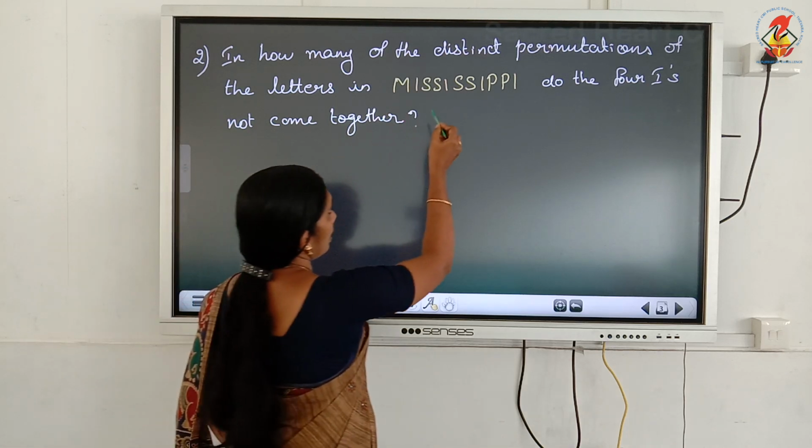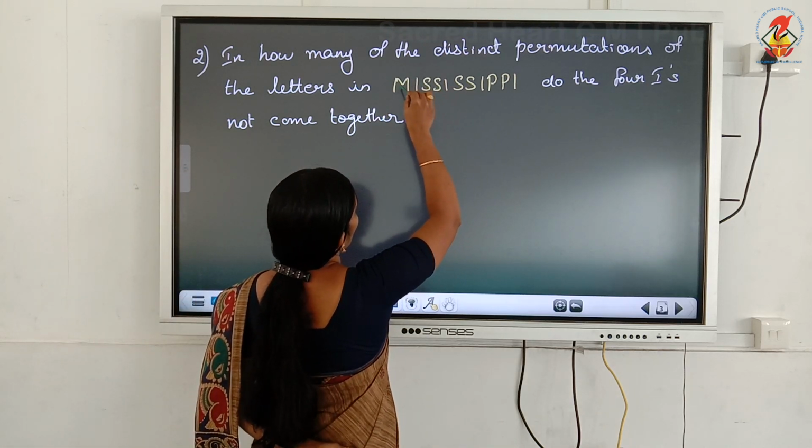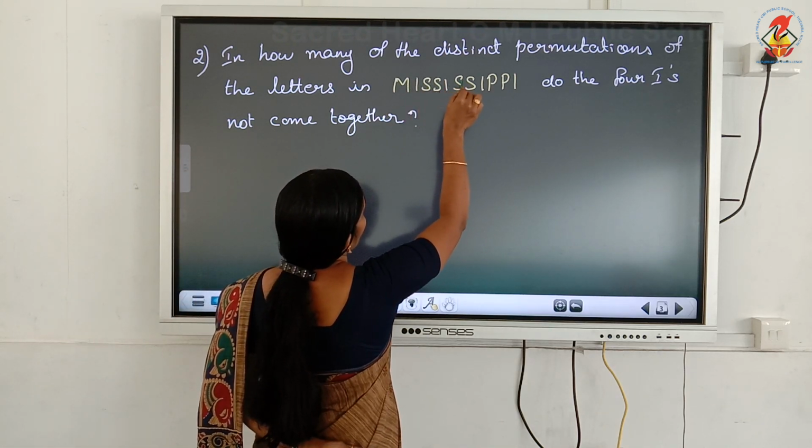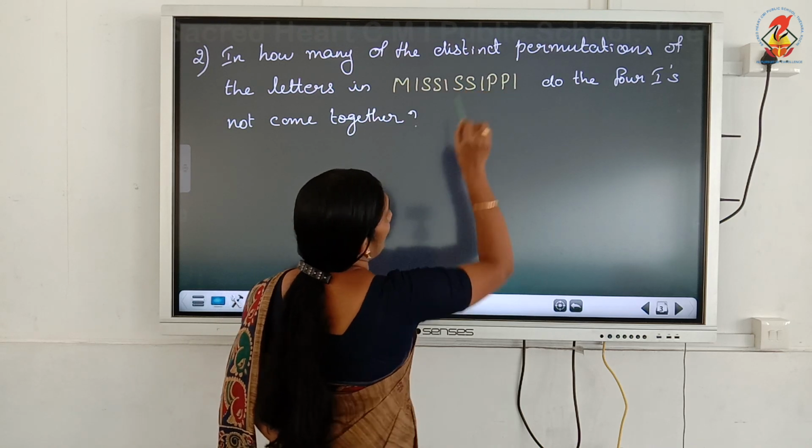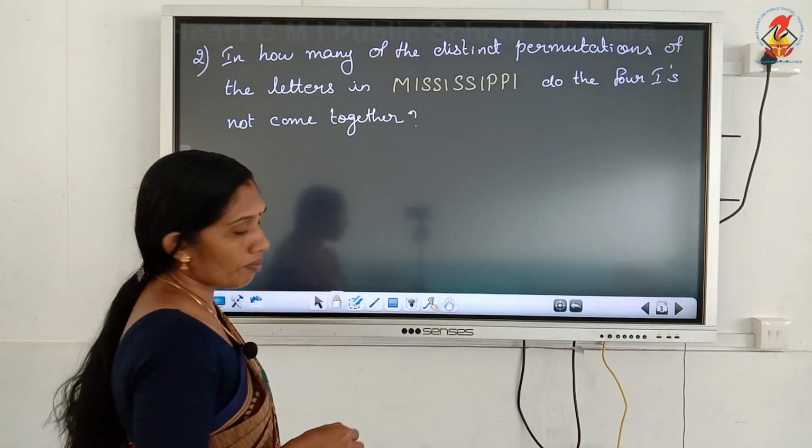How many letters are in this Mississippi? 5, 6, 7, 8, 9, 10, 11 letters are there.